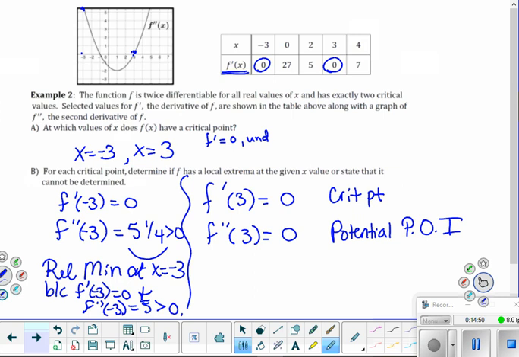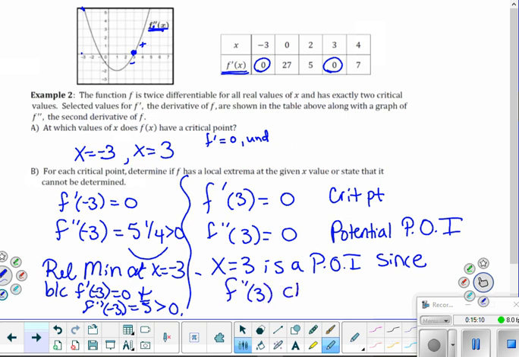Could we determine, is there a sign change? Yeah, because I can look at f double prime and say it was negative to positive. This actually, x equals 3 is a point of inflection since f double prime of 3 changes signs.